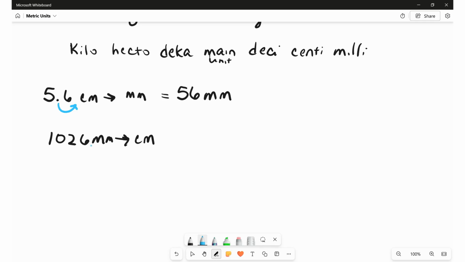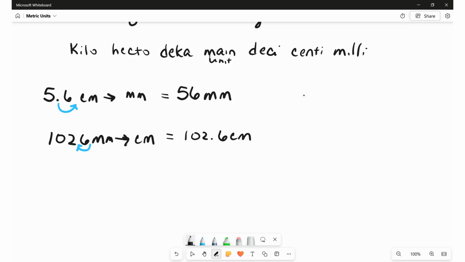And in order to get from milli to centi, we go to the left. So this is 102.6 centimeters. So when you're dealing with metric, all you've got to do is move that decimal place however many times you need to.